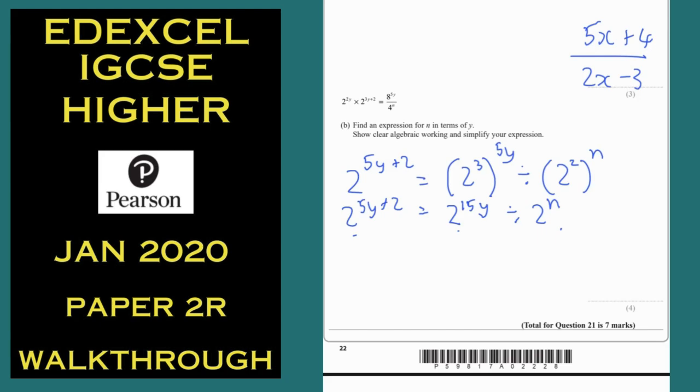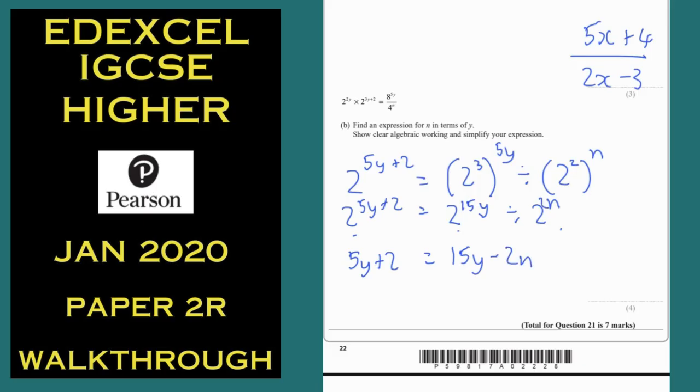So we can make the statement that the powers must be identical. So the power on the left is 5y plus 2, and the power on the right, divide means subtract, is 15y minus n. Sorry, the power is 2 to the 2n now.